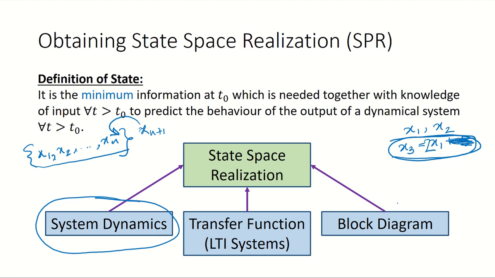If from transfer function and block diagram, we don't need to be so much cautious because there is a very direct relationship and we understand it very easily. However, from system dynamics, we actually need to assign some states, and we need to identify states, and this requires some degree of skill. So we need to be a bit careful here.